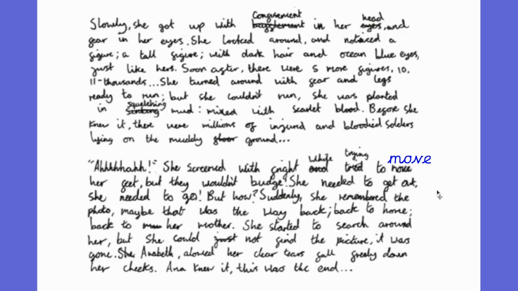She needed to get out. She needed to go, but how? Suddenly she remembered the photo. Maybe that was the way back. Back to home. Back to her mother. She started to search around, but she could not find the picture. It was gone. Annabeth allowed her clear tears fall freely down her cheeks. Anna knew it. This was the end.